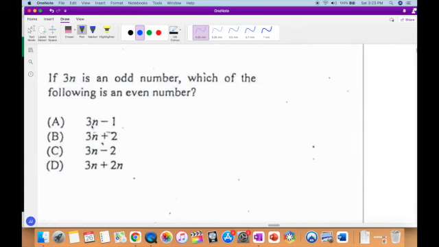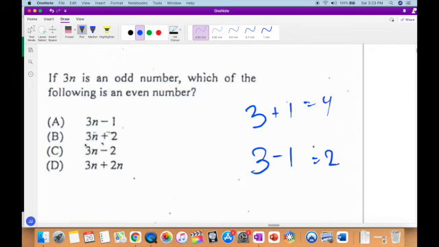If 3n is an odd number, which of the following is an even number? Well, if I had an odd number 3, in order to get an even number, I just need to add 1, or I need to subtract 1. So not subtract 2, subtract 1. If you have an odd number and you add one or you subtract one, you will get an even number.